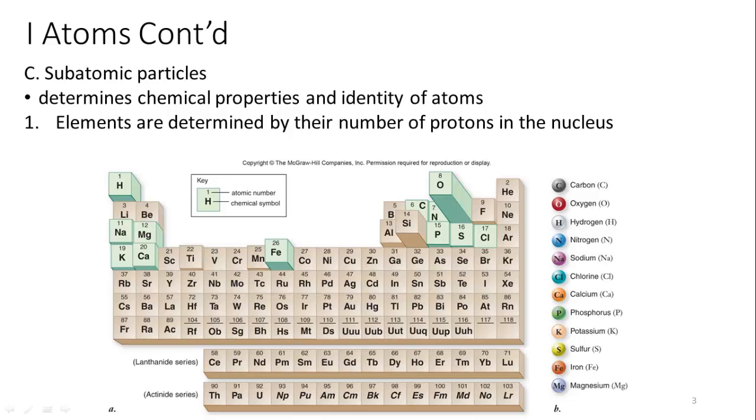You can see the hydrogen there in the key. The number above the chemical symbol is the atomic number. Each element also has its own chemical symbol. So beryllium is atomic number 4. It has the chemical symbol Be, and it has 4 protons. That's also what that 4 means.